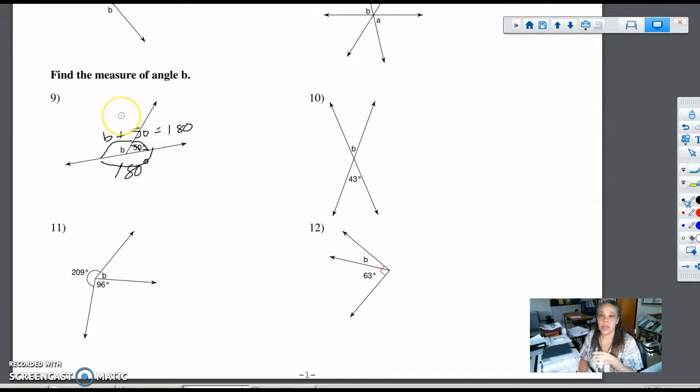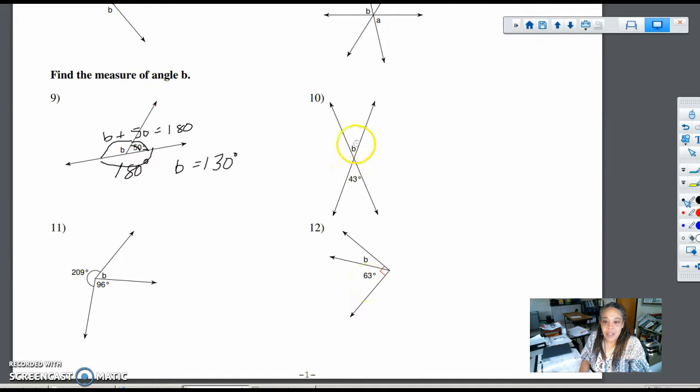That's the algebraic way to write it. You would subtract 50 from both sides and find that angle B is 130 degrees. You can do the same thing over here for number 12, given that it's a complementary angle. Big hint that I gave you.